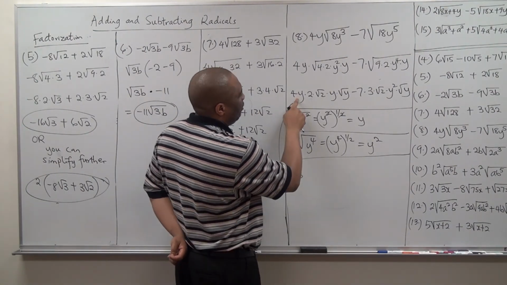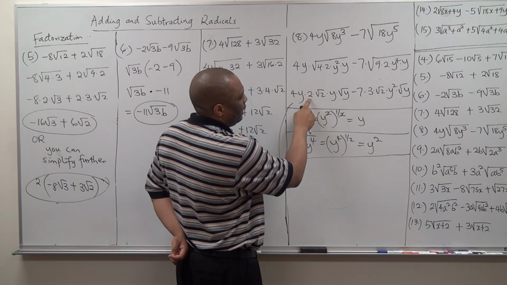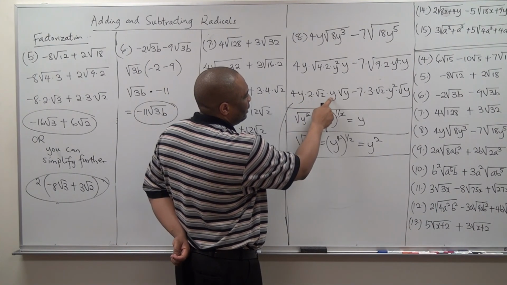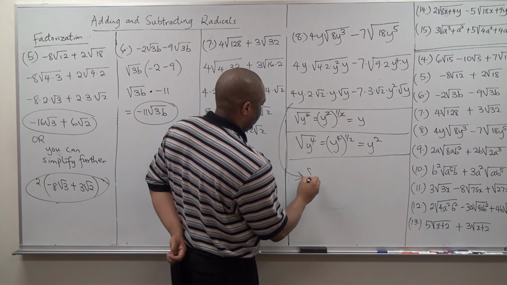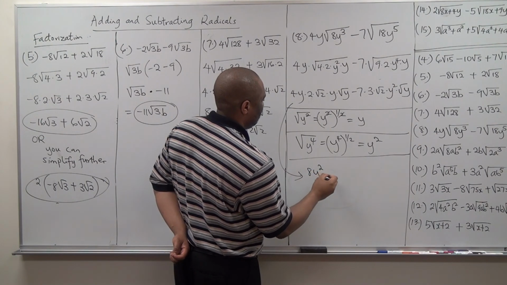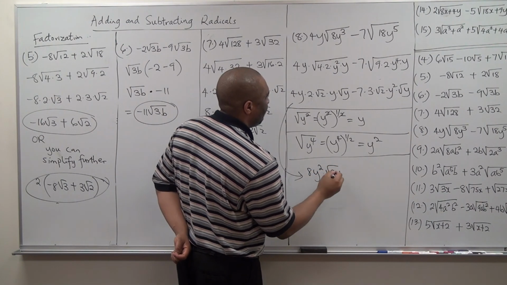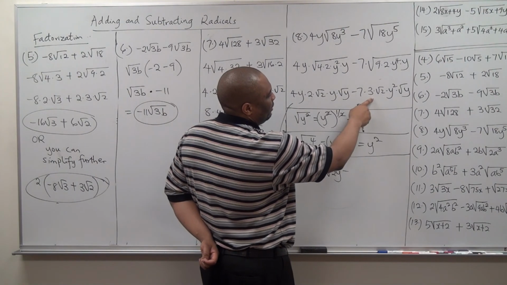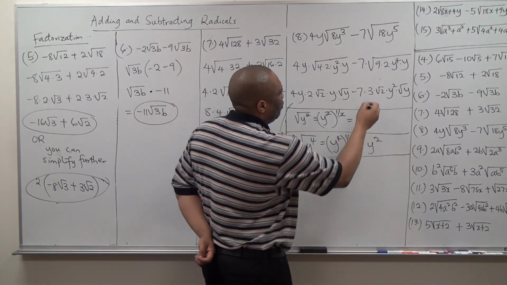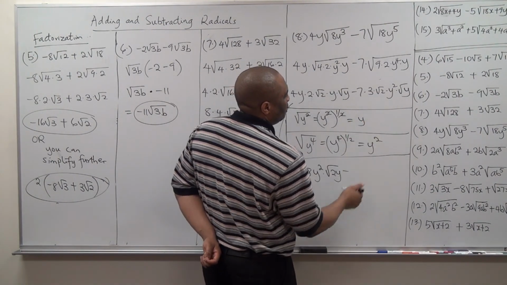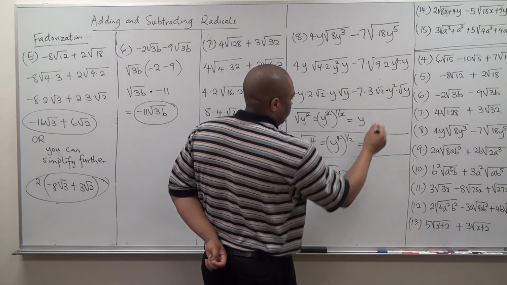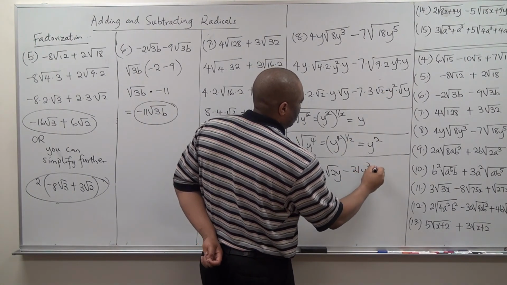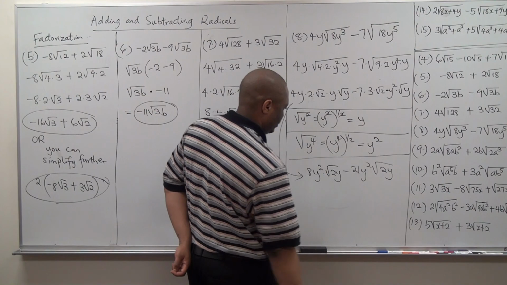We now have that 4y times 2 is 8y times y is 8y squared. 8y squared times square root of 2y minus 7 times 3 is 21. 21 times y squared is 21y squared, square root of 2y.